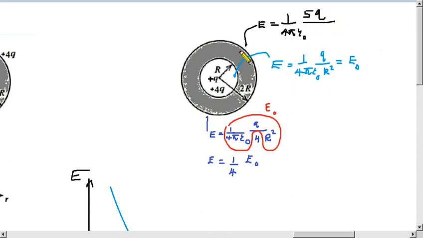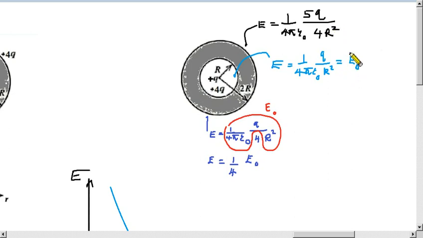Divide by the distance, which is 2r, very close to this outer surface. We don't consider this, it is negligible. When we take the square value of 2r, 2 times 2 is 4, then r times r is r squared. So this is the equation.